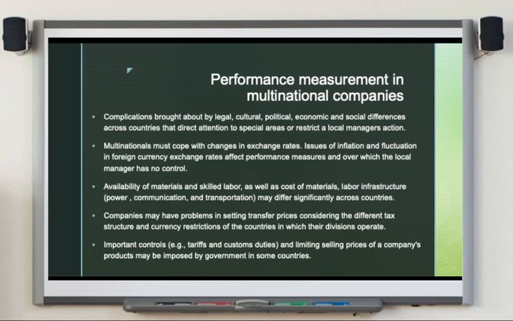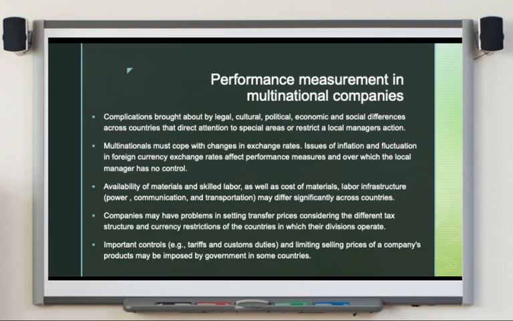So here are the reasons for making the evaluation of multinational companies different or difficult and complicated.